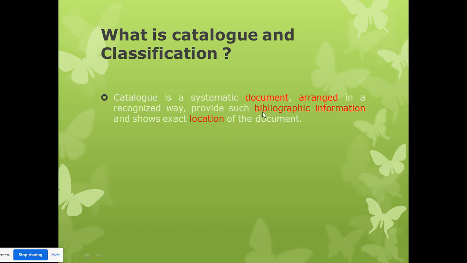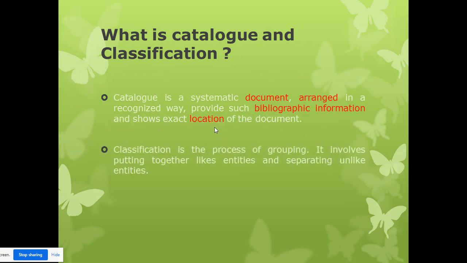So these are the four elements. Remember them and you will be able to define a catalog very easily: a document arranged in a systematic way, which provides bibliographic information and shows the exact location of the document. Very simple.